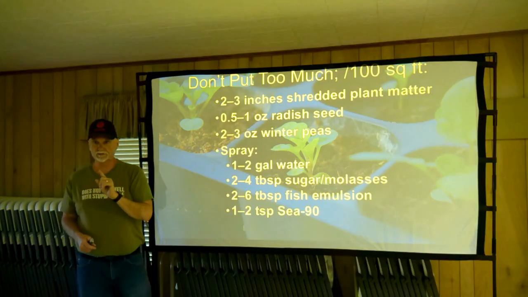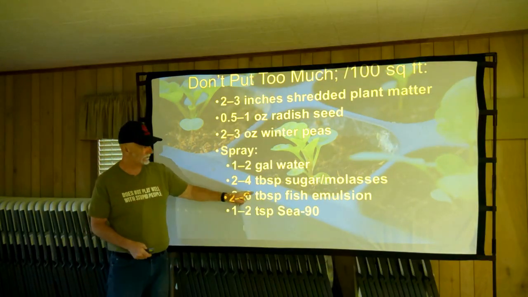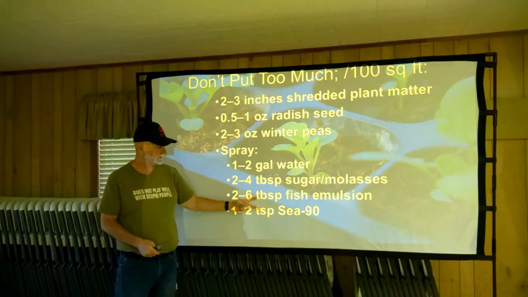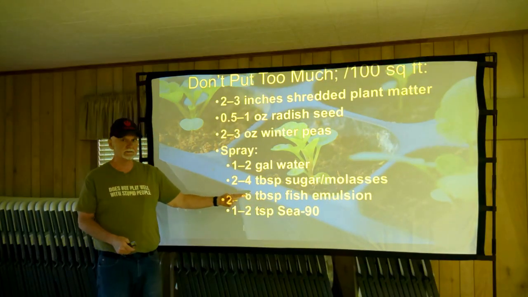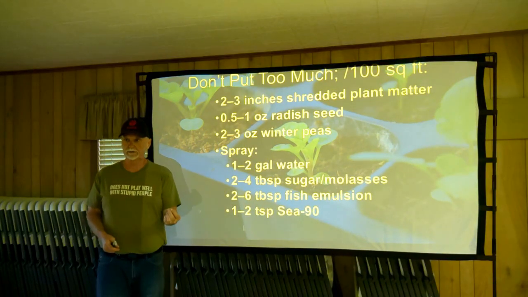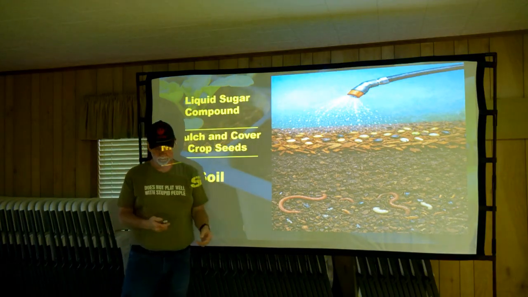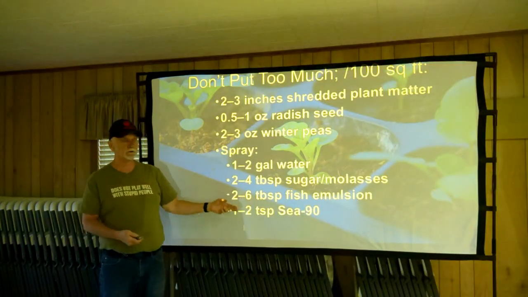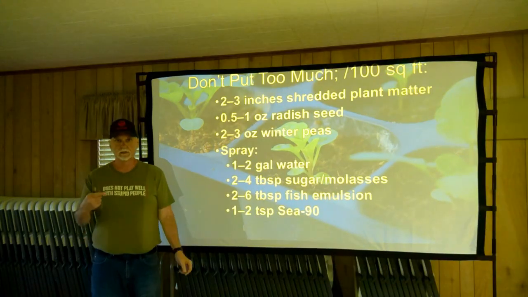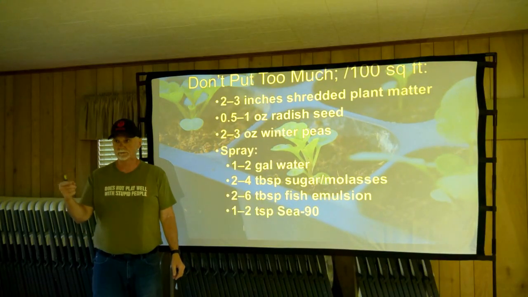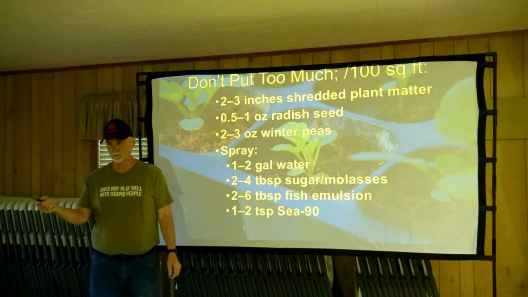If there's a possibility, and you don't have to do this, but if you're having a lot of brown matter in your compost layer here, put in some fish emulsion or a nitrogen source. Old, good composted chicken manure will work great.